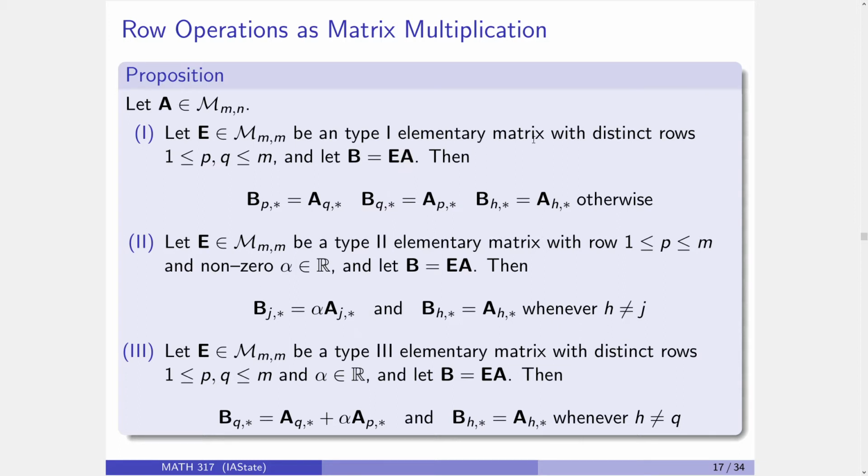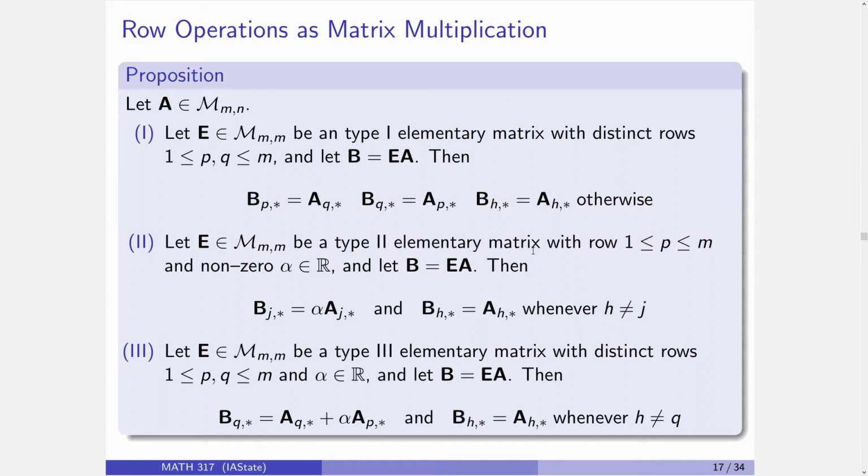If you multiply by a type 1 elementary matrix, now remember, this is a matrix whose identity, that's the identity matrix, after one row swap has been performed. If you multiply a matrix by that, then the action of that multiplication is precisely a normal type 1 elementary row operation, right? Where the P and Q rows of A have been swapped and all other rows are held fixed.